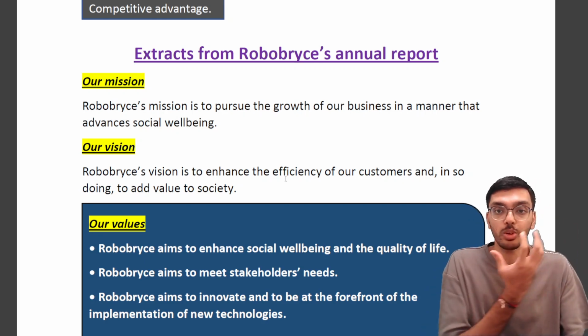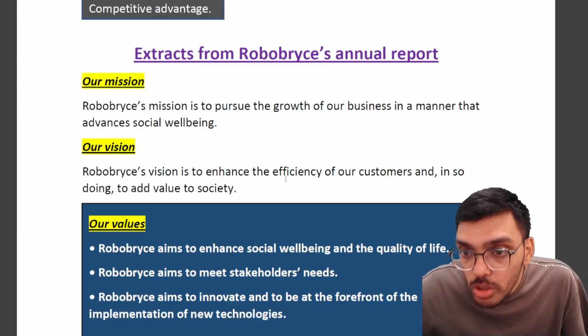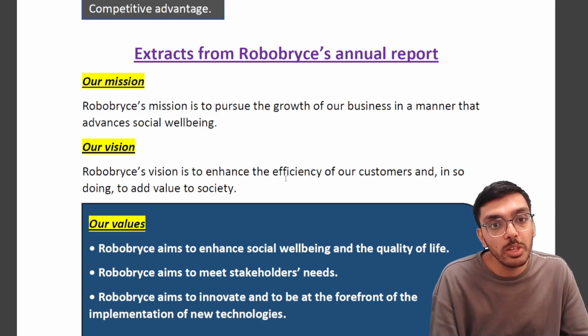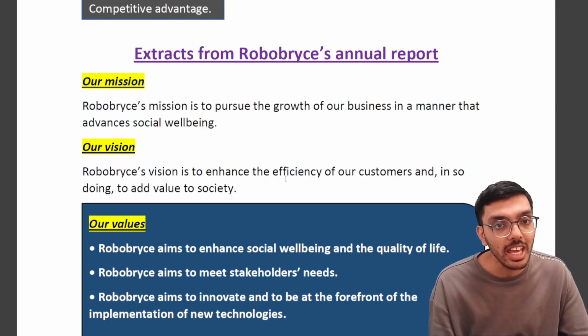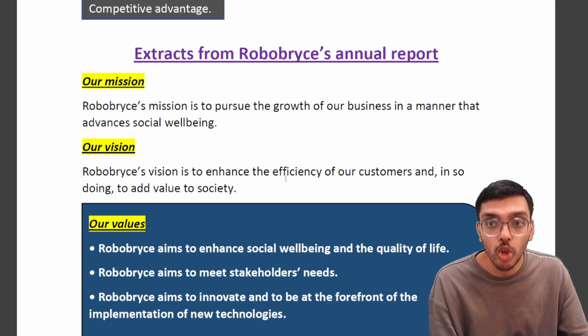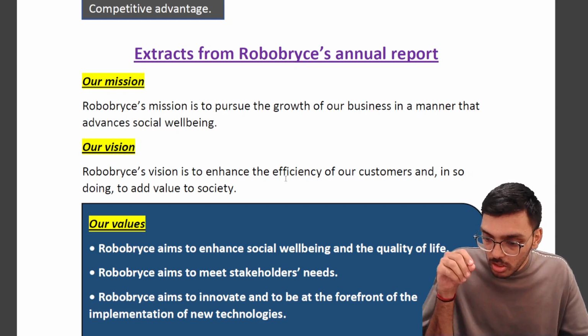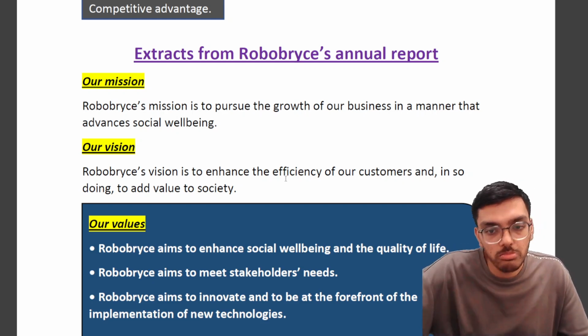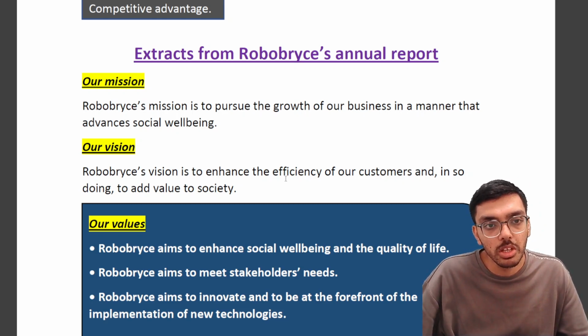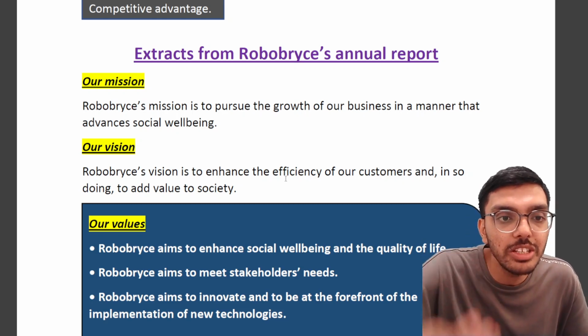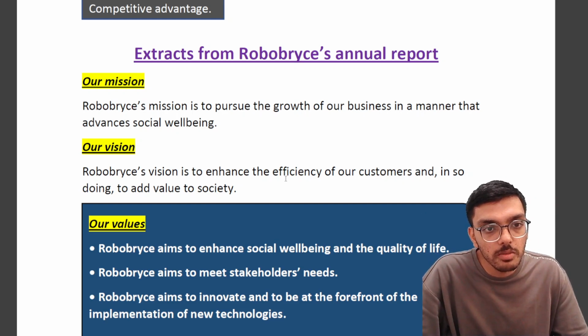Again, ideas that you can keep in your mind and include in your mock question writing when you get there. You can start your answer or end your answer by saying that our mission is to pursue growth in a socially advanced way. Then you can go on to start to write the answer or relate to the question, whatever you want to do. It will add great integration value to your answer.